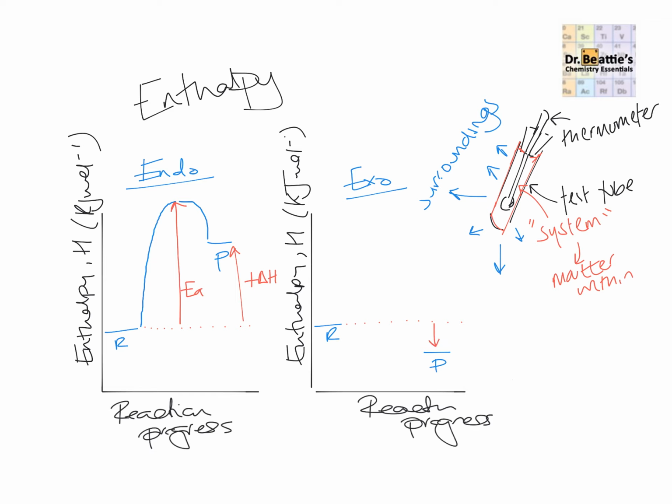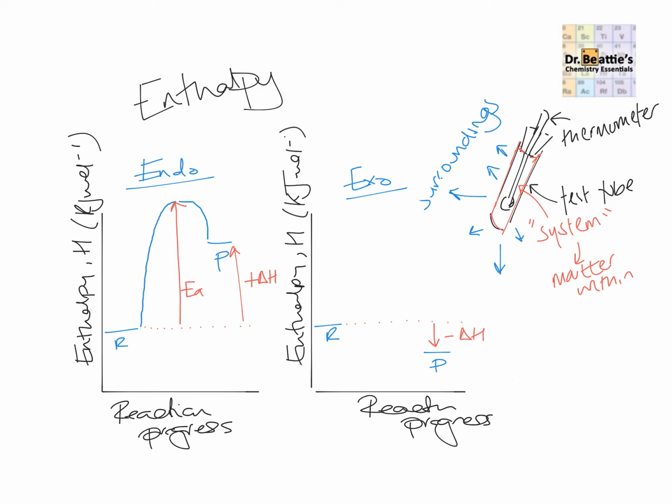Now, one thing worth noting is that these are like vectors, so if it's going down, it's going to be a minus, whereas an arrow going upwards is going to be a positive value. And it's all in relation to your values on the y-axis. So if you were going from one point here upwards, then obviously you're a positive change. And if you were going from this reactant downwards, then you're obviously making a negative change.